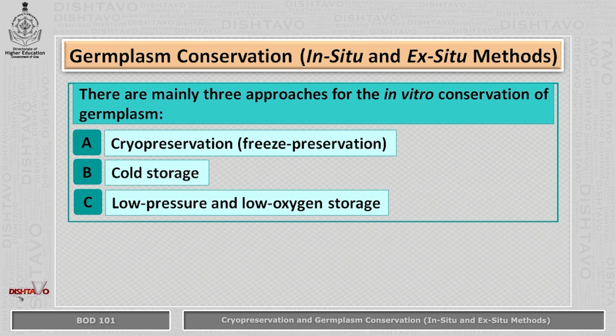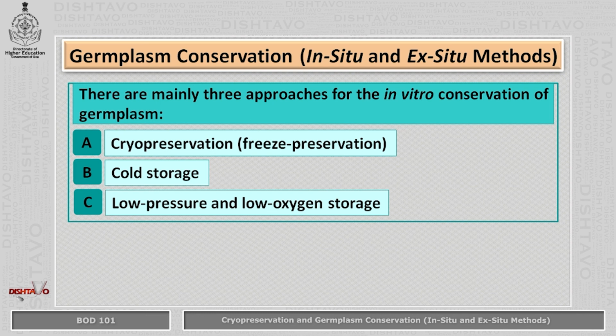There are mainly three approaches for the in vitro conservation of germplasm. Cryopreservation. At the temperature of liquid nitrogen, -196 degrees centigrade, the cells stay in a completely inactive state and thus can be conserved for long periods. Cold storage. Cold storage basically involves germplasm conservation at low and non-freezing temperatures, 1 to 9 degrees centigrade.